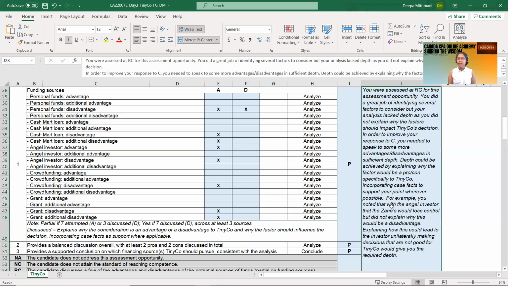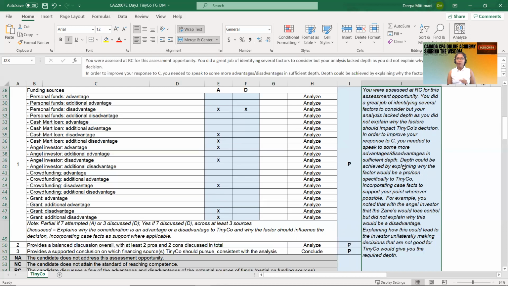Okay. Now see what is the feedback that I got. You were assessed at RC for this opportunity. You did a great job identifying several factors. I have identified various factors. The quantity as such was sufficient. I have identified 9 factors, 7 were required. So quantity was sufficient, but your analysis lacked depth as you did not explain why the factor should impact TinyCo's decision.